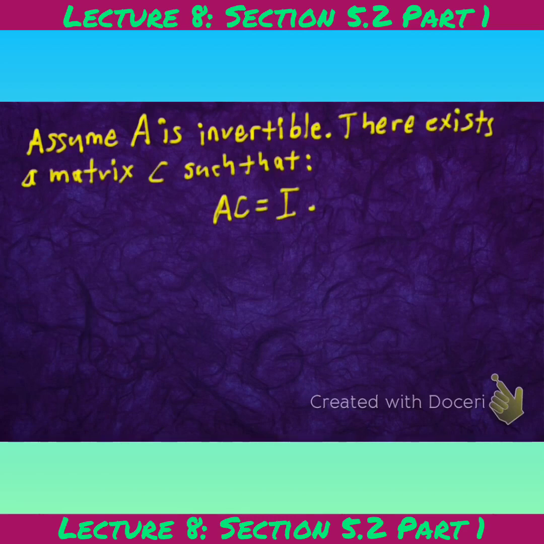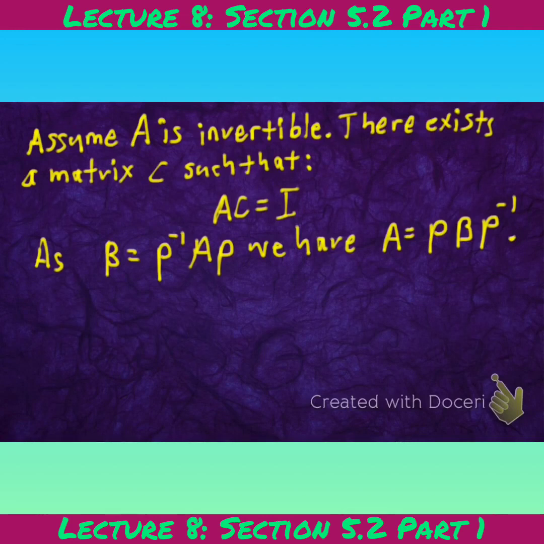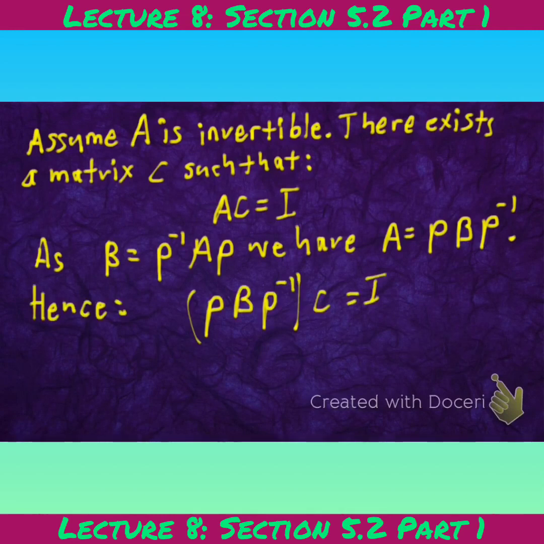Under this assumption, we can find a matrix C such that A times C is the identity matrix. Now because B is P inverse AP, we have that A is PBP inverse. And so replacing A in that term there, we obtain the equality.